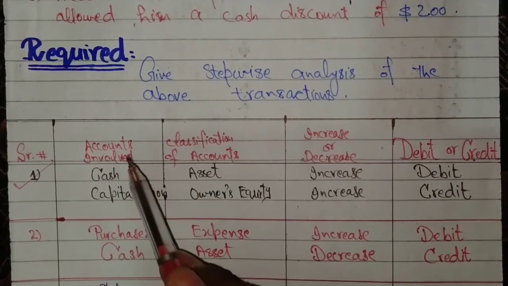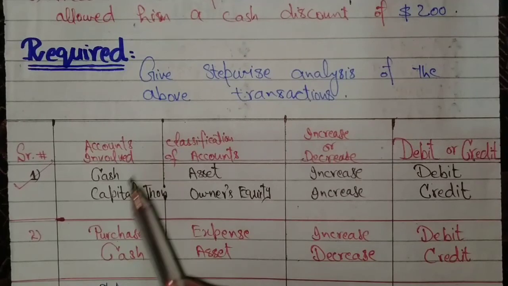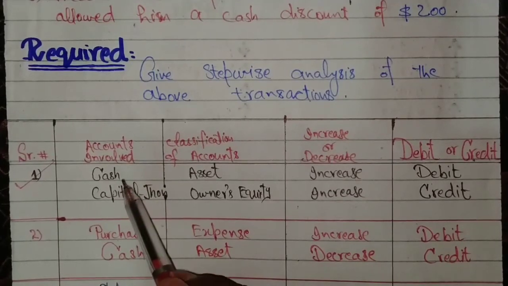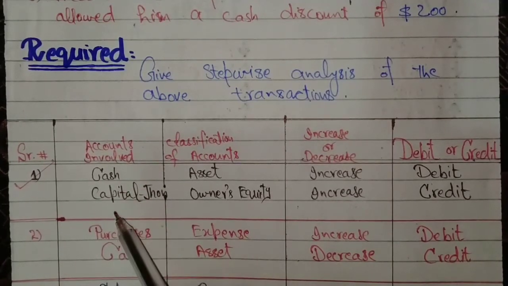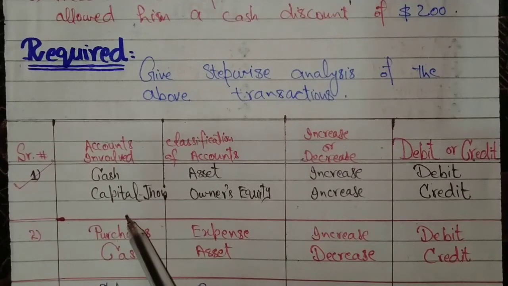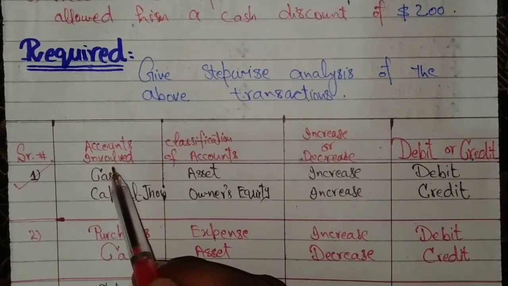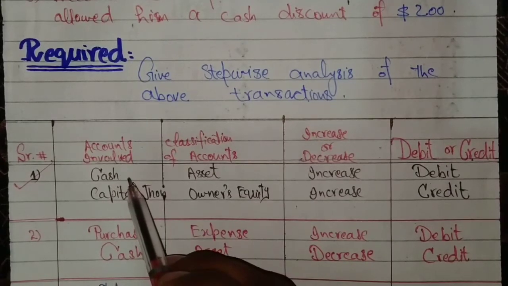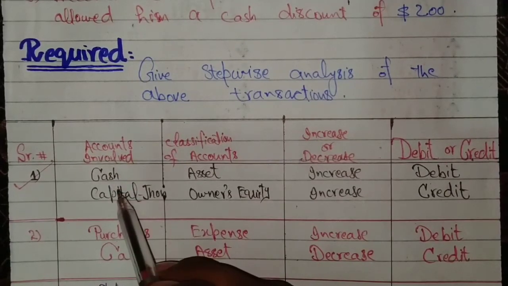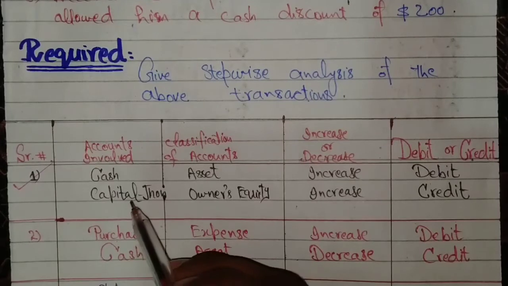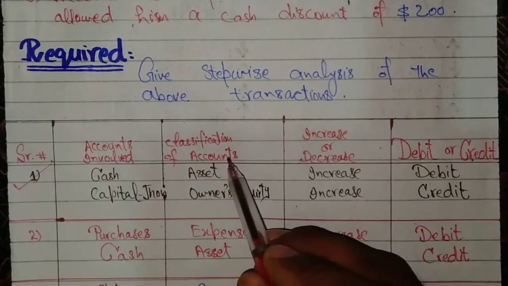First is accounts involved. First account is cash account. The second account is capital account. First column is accounts involved. Which accounts will be included by transactions? Second is classification of accounts.